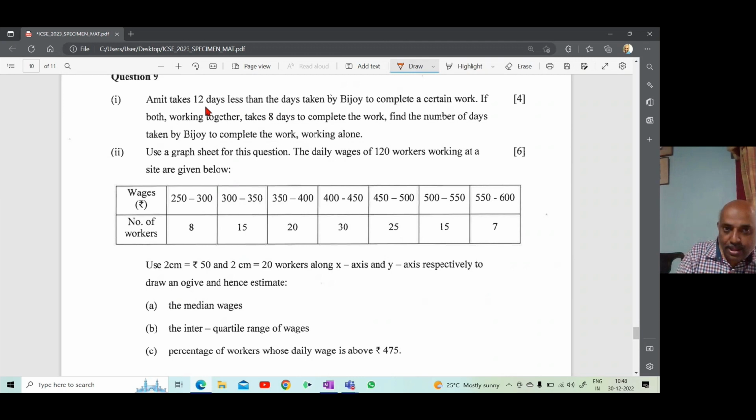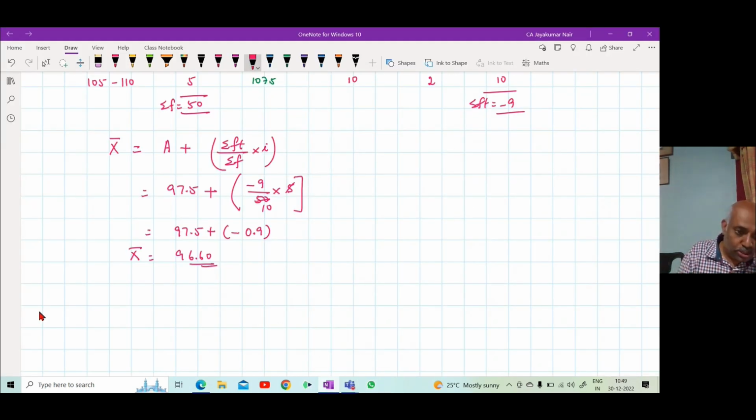Question 9. Amit takes 12 days less than the days taken by Bijoy to complete a certain work. If both working together takes 9 days to complete the work, find the number of days taken by Bijoy to complete the work working all alone. So how do we do this? This is question number 9.